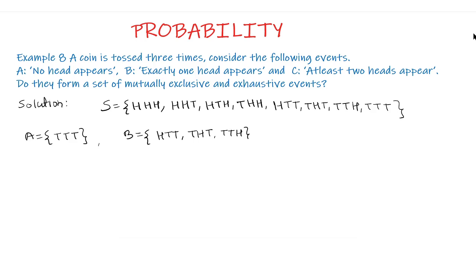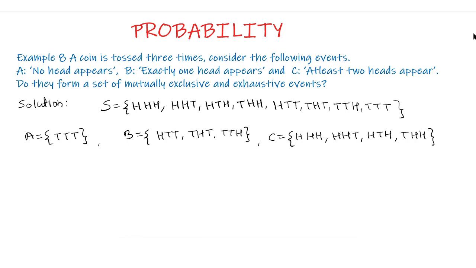So these are the 3 elements in event B. And event C, at least 2 heads appear. It means that the elements must have 2 or more heads. So these points are HHH, HHT, HTH, and THH.